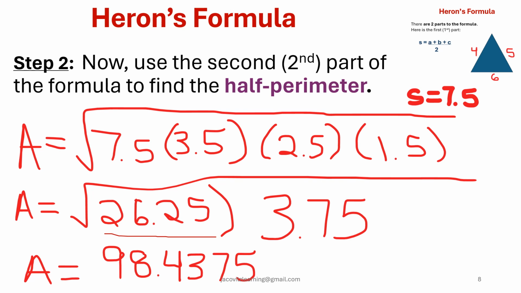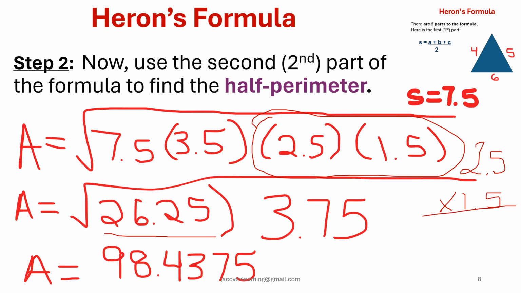And then you multiply that times these 2 multiplied: 2.5 times 1.5, and there's my decimal. Those come out to 3.75. So then you multiply 3.75 times 26.25, and you're going to get 98.4 and a number.